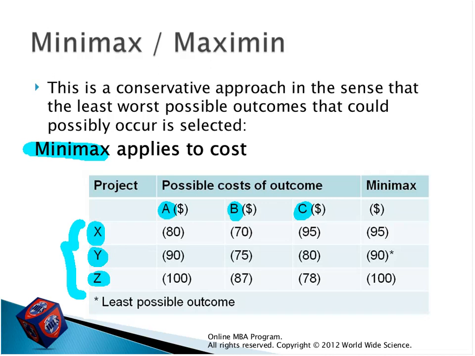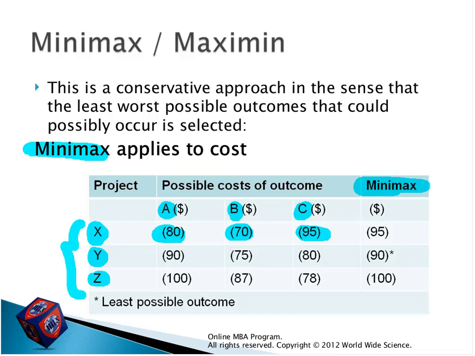At the first project X, at variation A, we can spend 80 or 70 or 95. And Minimax, what does that mean? You have to get the minimum cost from project X, the variation of minimum cost.